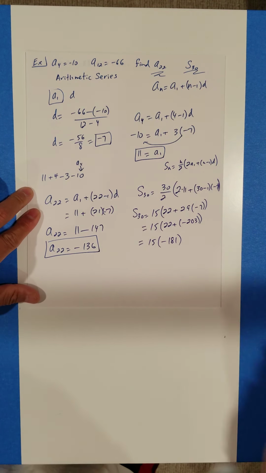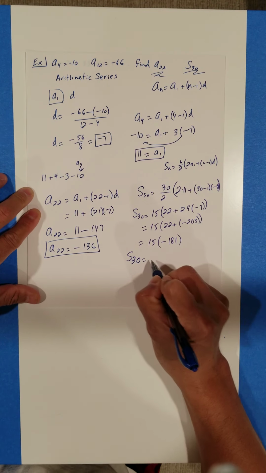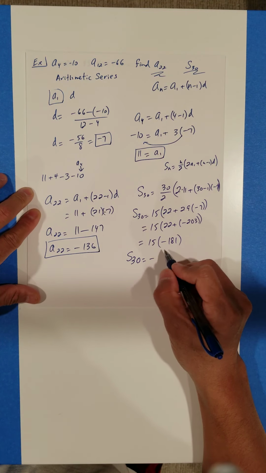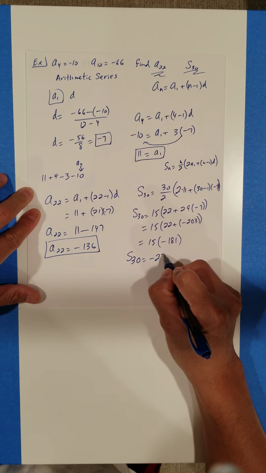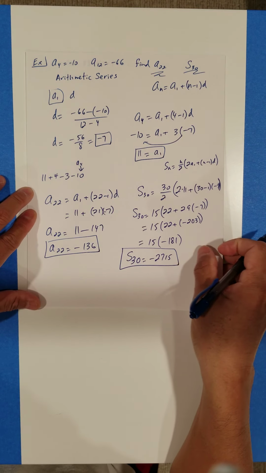Now I'm just going to multiply that out. S30 is -2,715. There you go.